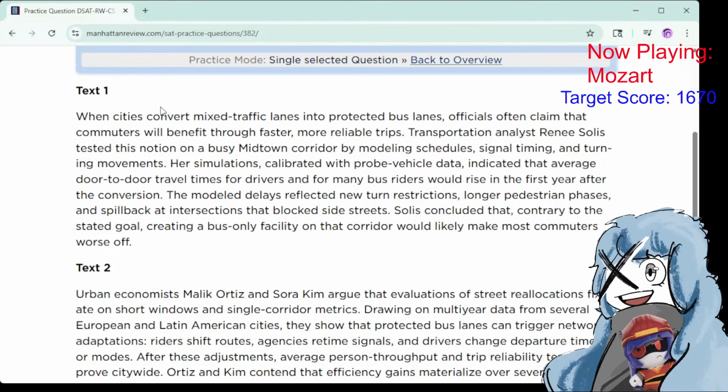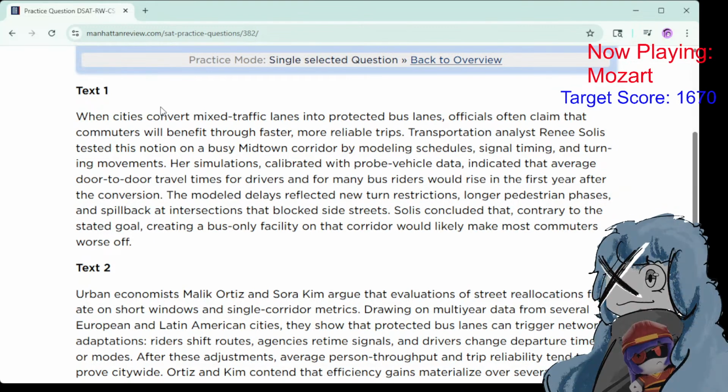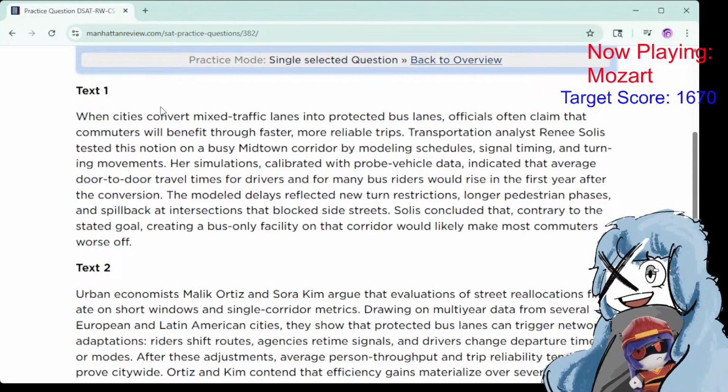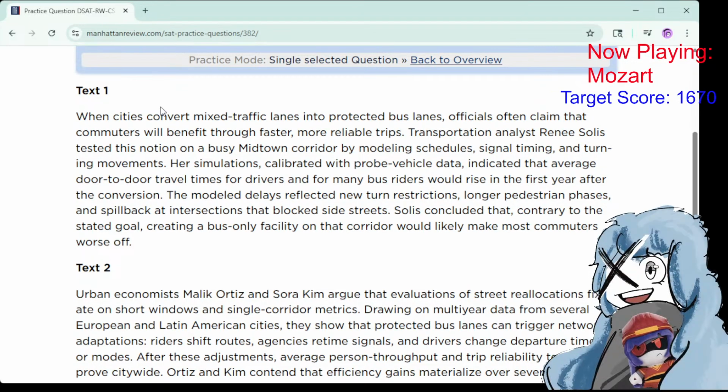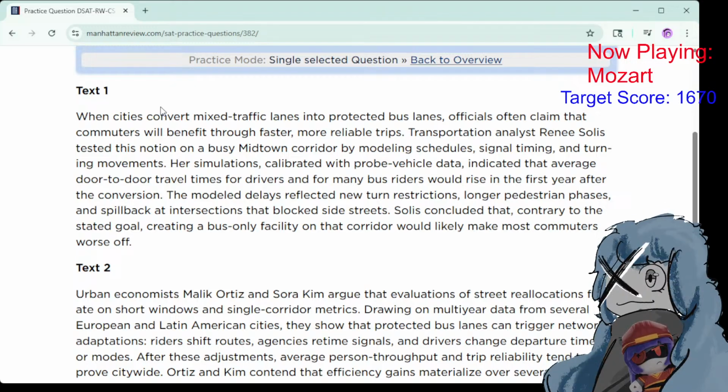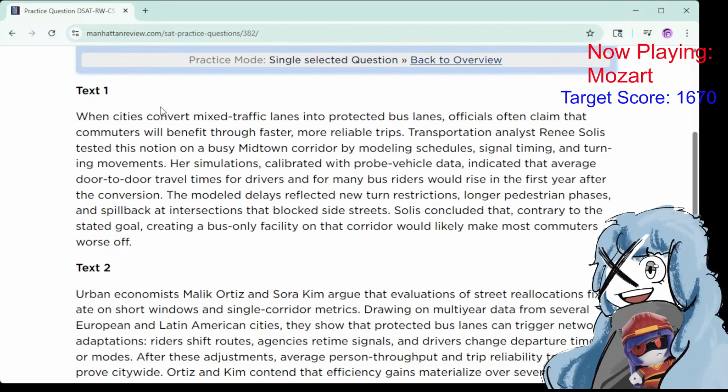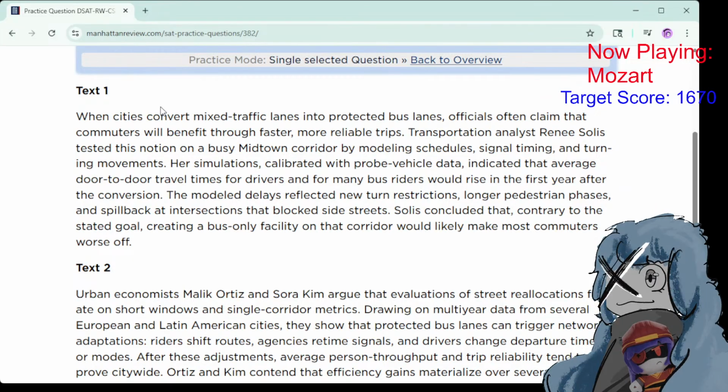Her simulations, calibrated with probe vehicle data, indicated that average door-to-door travel time for drivers and many bus riders rises in the first year after the conversion. The model's delays reflected new turn restrictions, longer pedestrian phases, and spillback at intersections that block side streets. She concluded that, contrary to the stated goal, creating the bus-only facility on that corridor will likely make most commuters worse off.